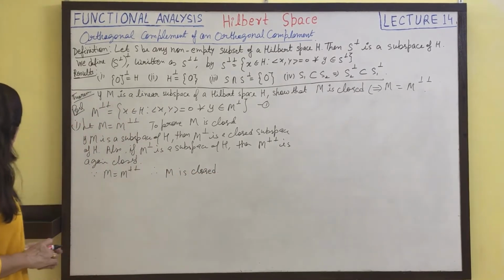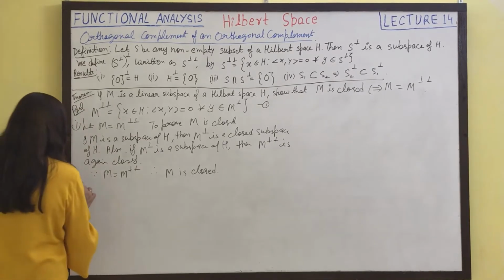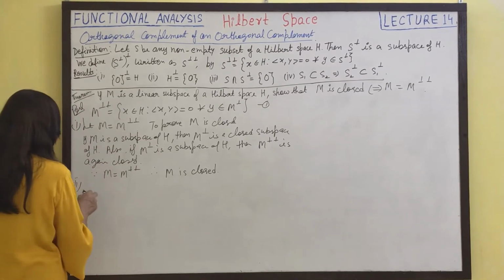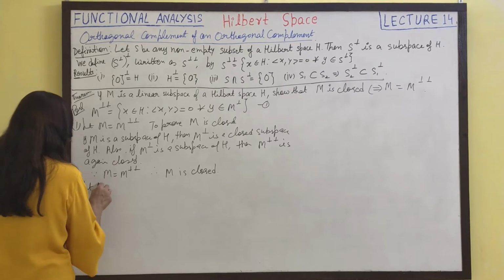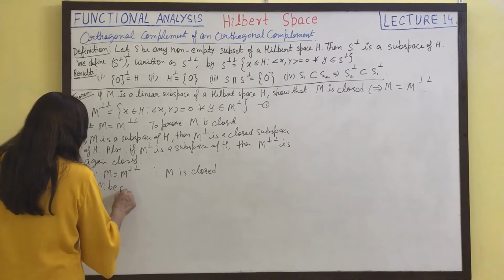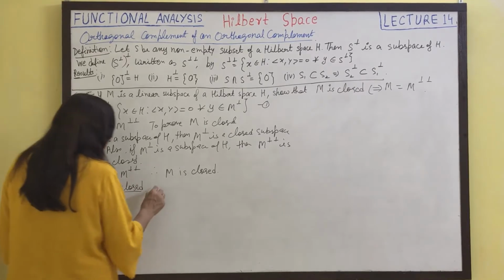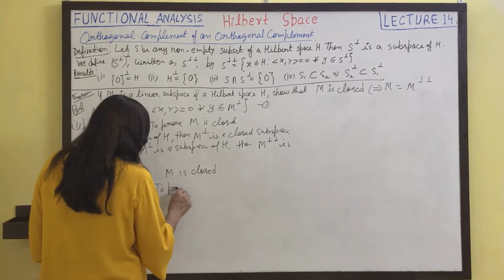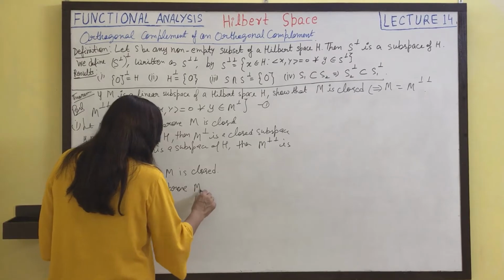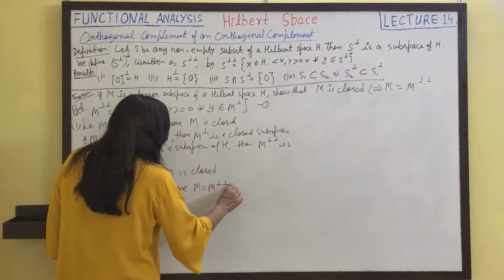Now, conversely, we assume let M be closed, and to prove M is equal to M perp perp.